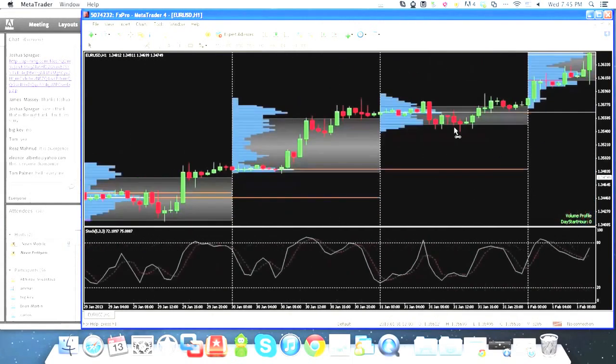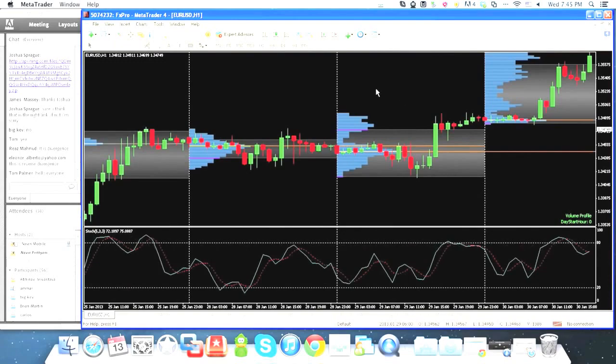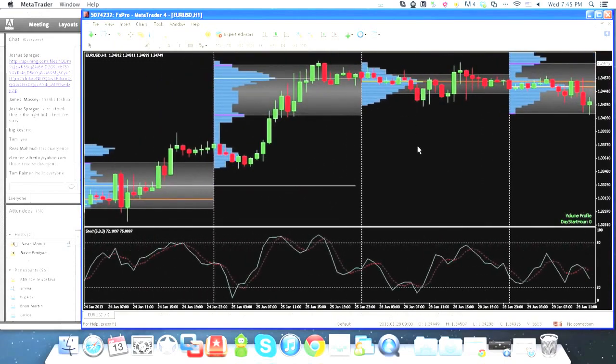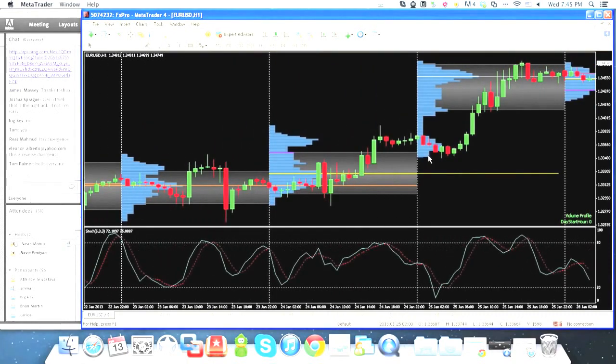All right, moving forward, let's check out another example so we get an idea. How about this one here? The market comes down here and creates a low. Then it goes up, and then it starts to come down again, creating a low.